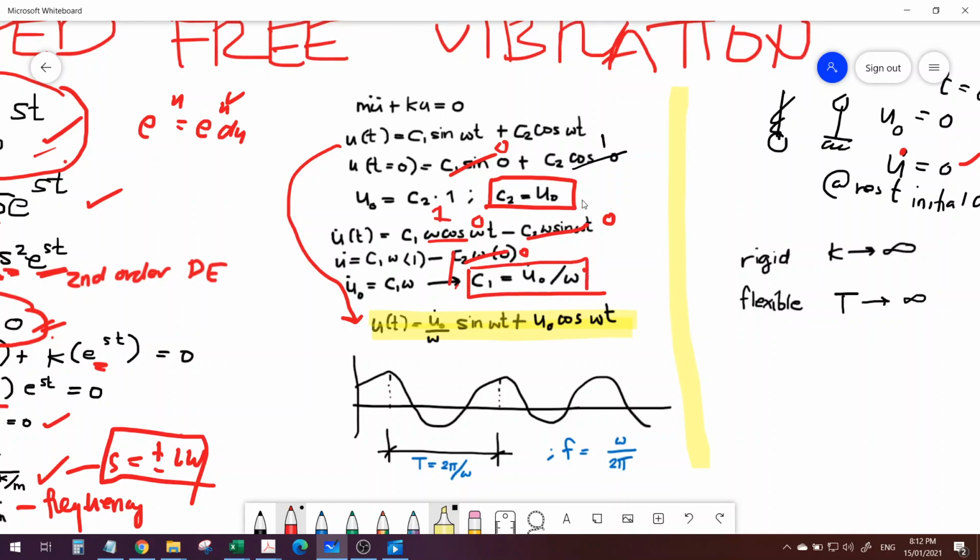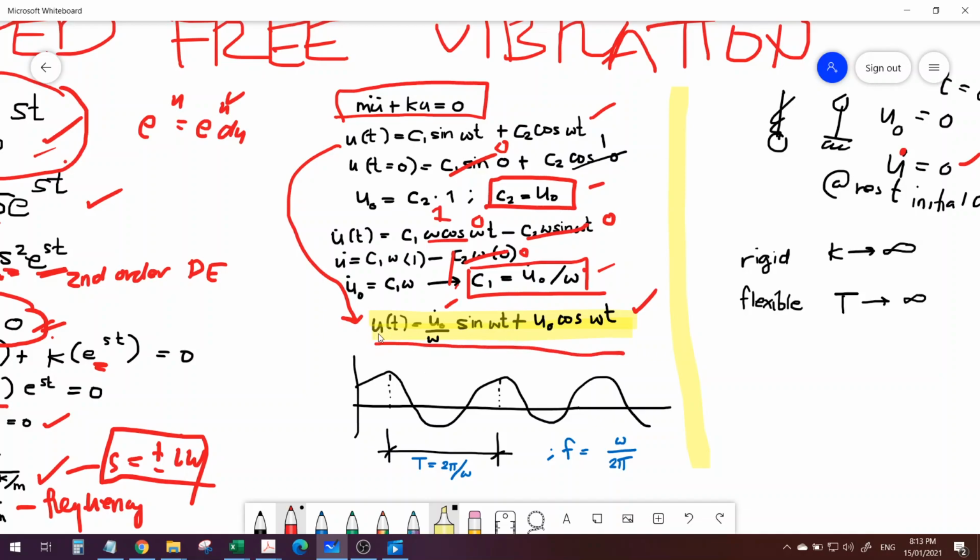Since we now know C1 and C2, plug these into our original equation. u is equal to C1 sine omega t, where C1 is u dot over omega, so u dot over omega sine omega t, plus C2 cosine omega t, where C2 is u naught, so u naught cosine omega t. So this is our solution. The general solution of this differential equation is this.